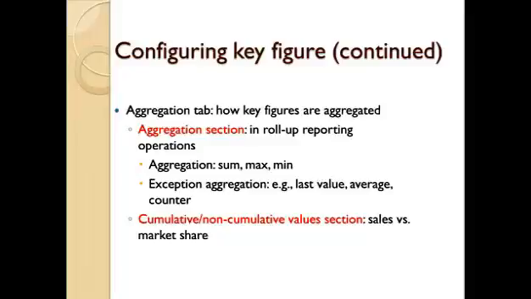We have exception aggregation. For instance, if we are dealing with the head count, let's say the company is interested in keeping track of the number of employees that they have, because that represents some kind of cost they want to keep a handle on, right?